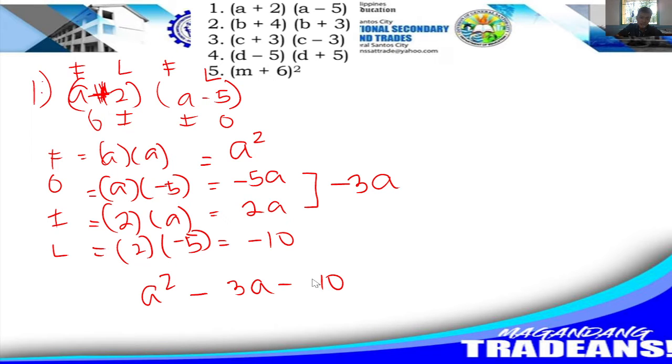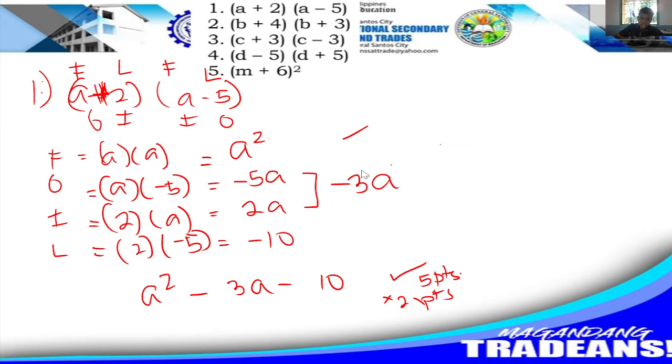Okay? So, please check. That's 10 points po. Dito, 5 points ang tama. Kapag mali ka po dito, 2 points po. Next, isa dito, 1 point each.